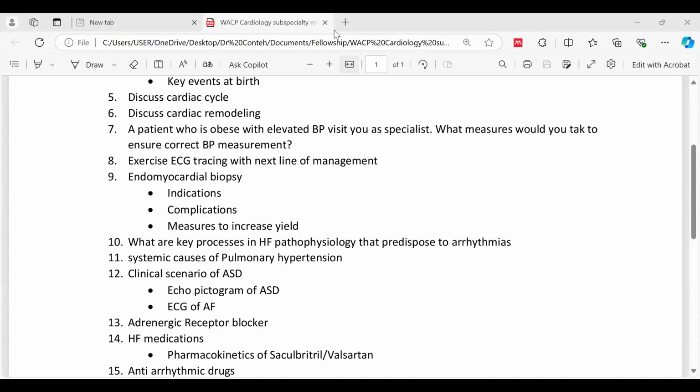Thank you. So I'll be brief because there's no question actually with my own. They just said it's an ECG tracing, what's the next line of management? So depending on what is presented, that's what you use to manage. Usually the exercise ECG tracing is indicated for those who have intermediate risk of development of coronary artery disease.